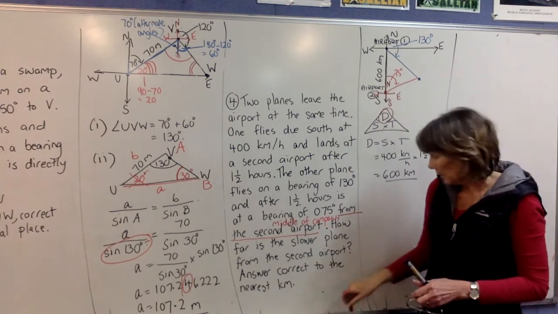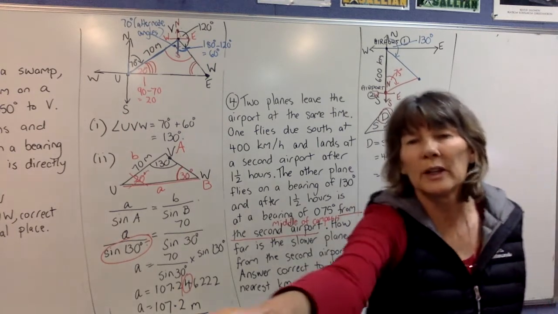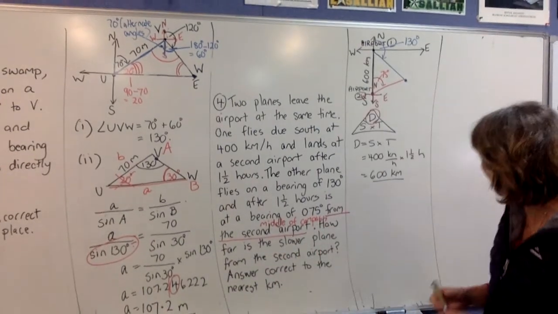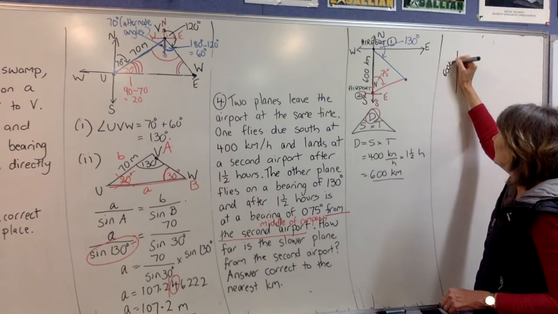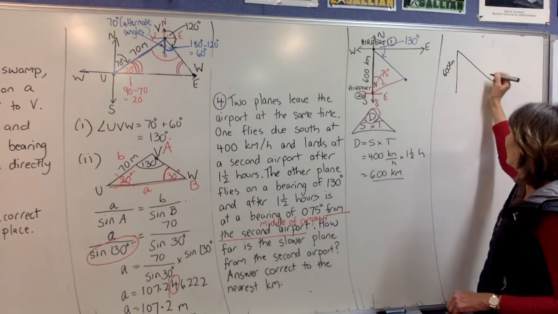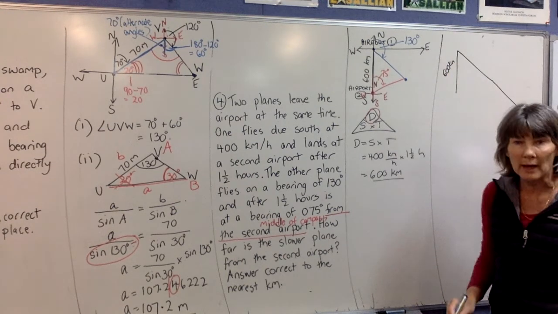All right, so the only thing that you could have really done wrong here is sometimes when people draw this up, they would have had their 600 here, they go flying off on their bearing of 130 degrees and they might do that.